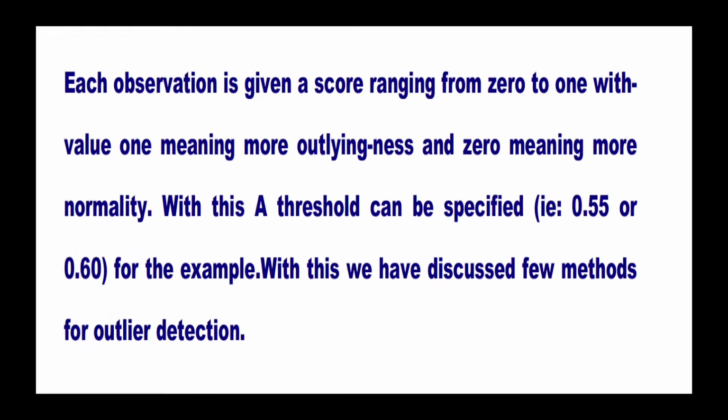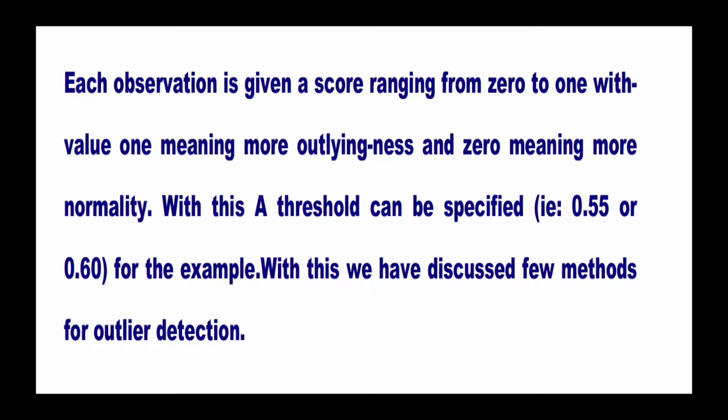Each observation is given a score ranging from 0 to 1 with value 1 meaning more outlyingness and 0 meaning more normality. With this, a threshold can be specified, that is 0.55 or 0.60 for the above example.